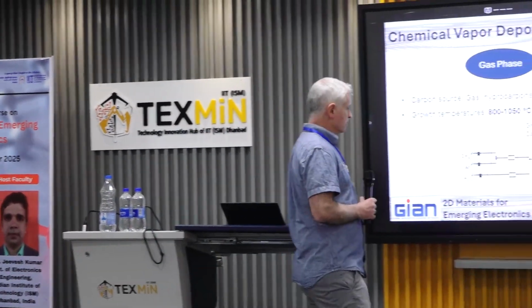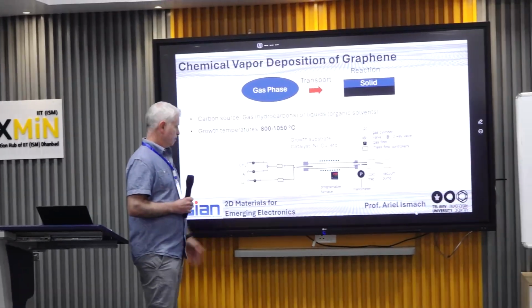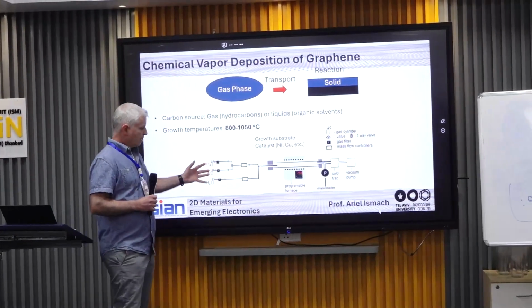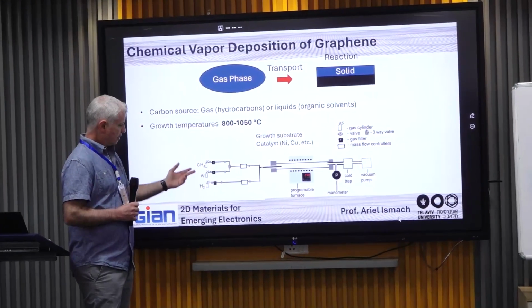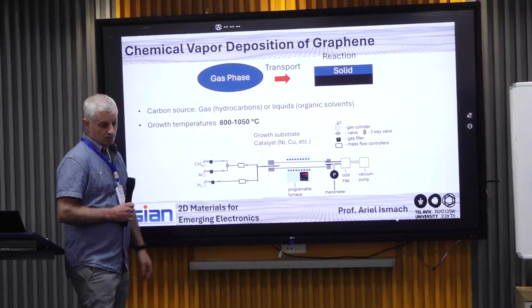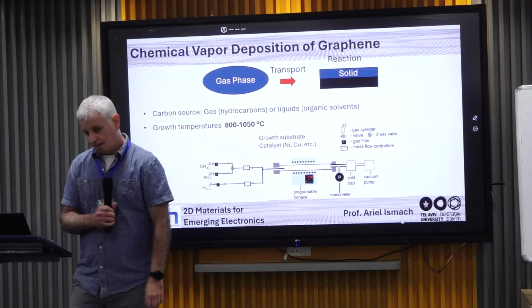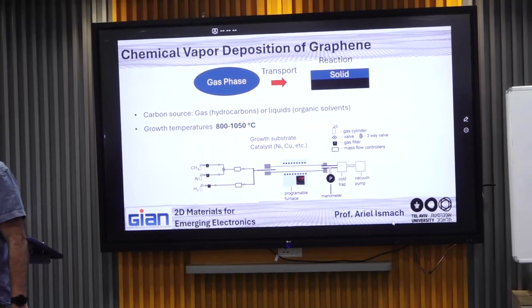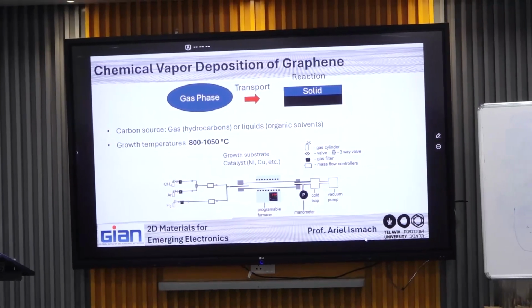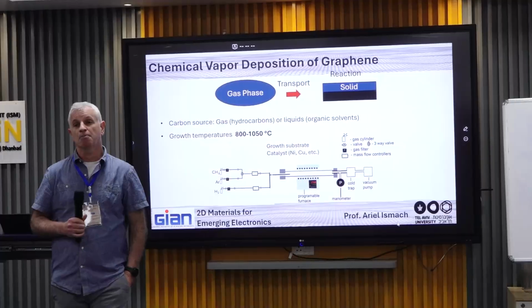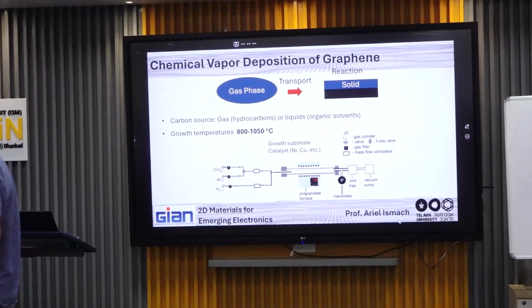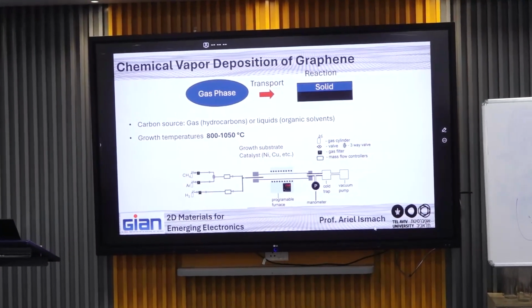For the growing process, a typical system would look something like that, where you have a gas manifold system. Usually, you will be using a hydrocarbon for graphene. Methane currently is one of the best options. And one of the reasons for that might be that the thermal decomposition of methane occurs at a high temperature.